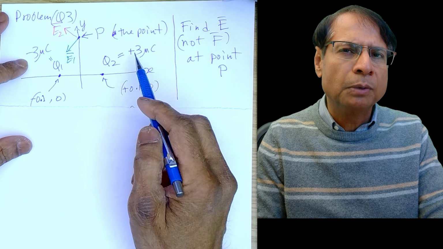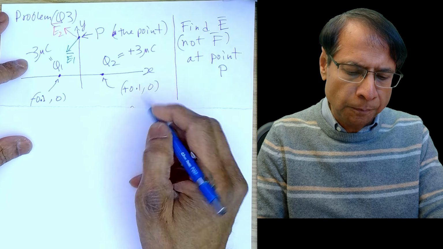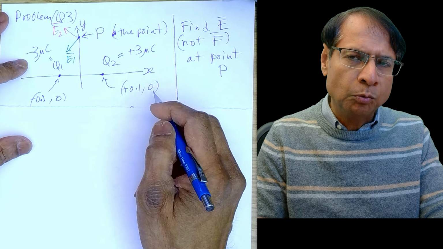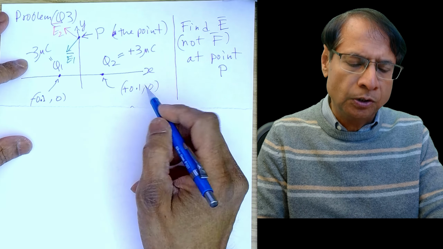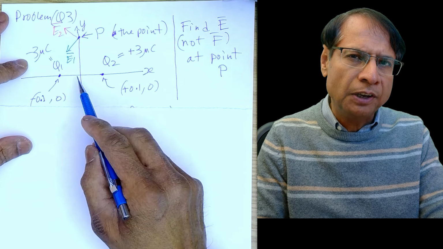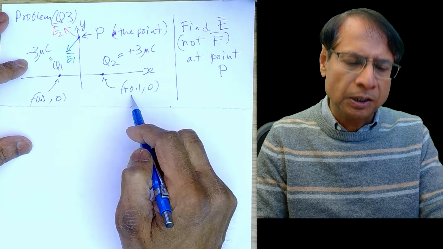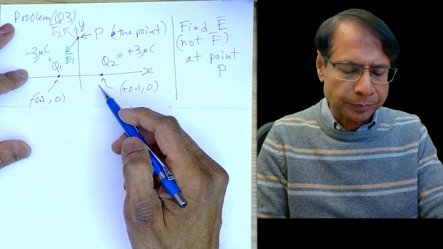Same magnitude but opposite sign, and this is sitting on the x-axis also. Coordinates are 0.1 and 0. Y is 0, so it too is sitting on the x-axis and the same distance away from the origin. This was -0.1, this is +0.1, so it's symmetric.